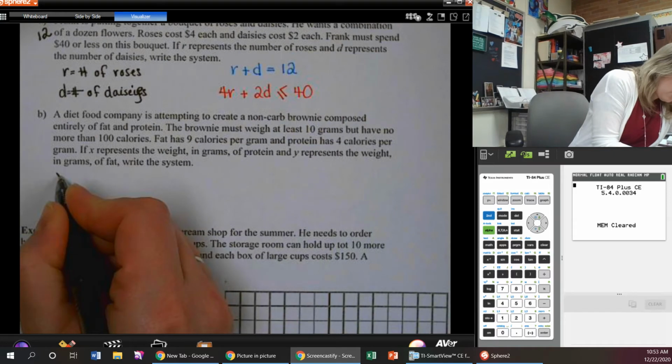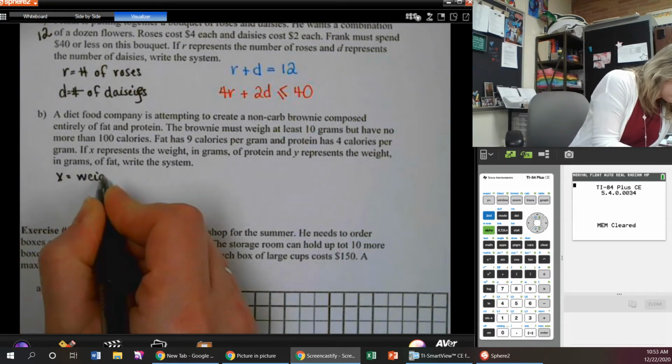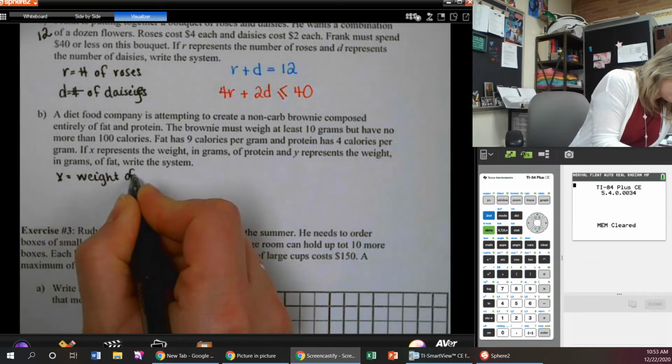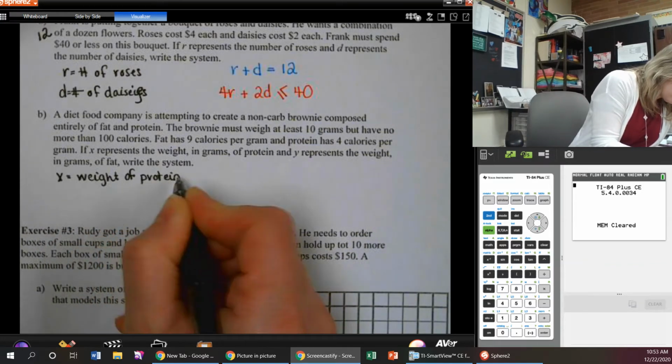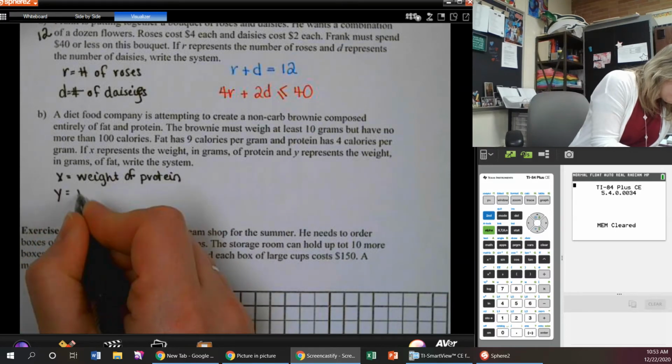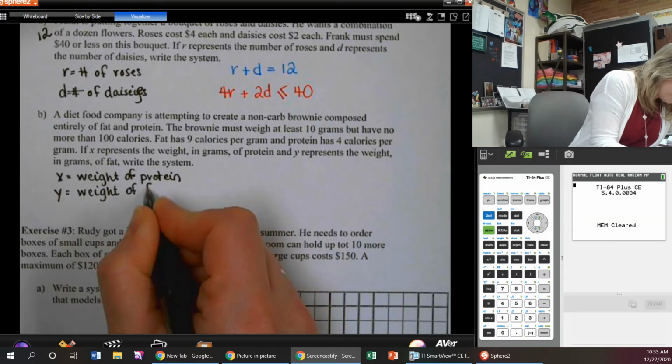So X is going to equal the weight of protein, and Y is going to equal the weight of fat.